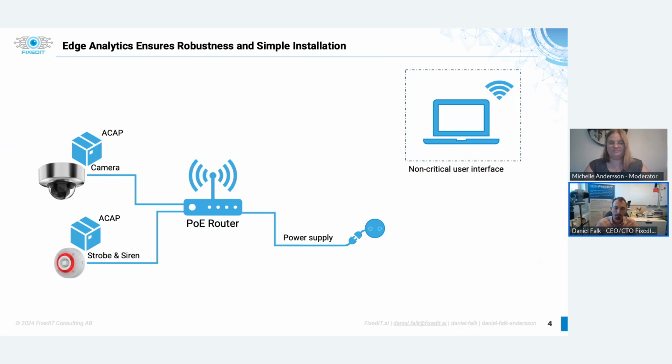Even if that computer would break down or stop or reboot or lose internet connectivity or connection to the device, the device will still continue to operate. It will continue to analyze the images to aggregate data that you can review later. So that's one of the benefits with using edge analytics directly in the cameras.